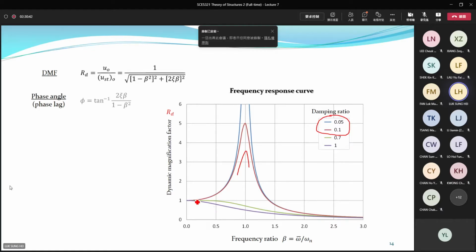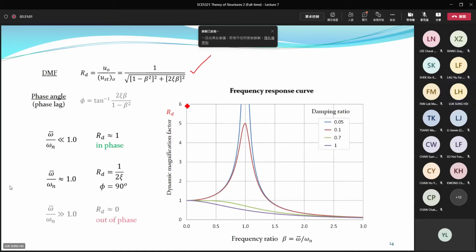There's no peak value, no jump. You may plot this graph yourself using Excel by changing damping ratio and frequency ratio. The expression on the left just showed you some scenarios.